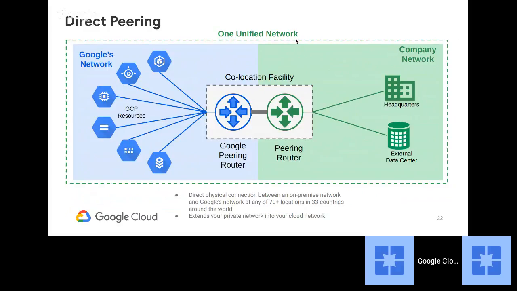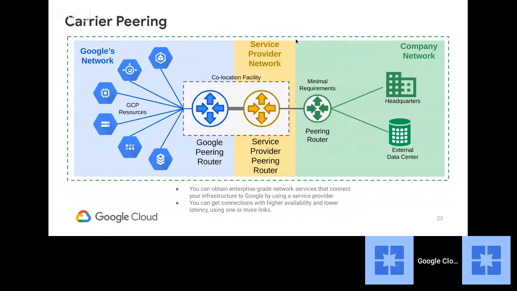When we talk about carrier peering, you're going through a service provider type relationship. It's effectively the same thing, more or less. There are some minimum requirements generally around the carrier. When you're dealing with direct peering, there are some requirements that we place, and they're all public on our Google Cloud Docs site.